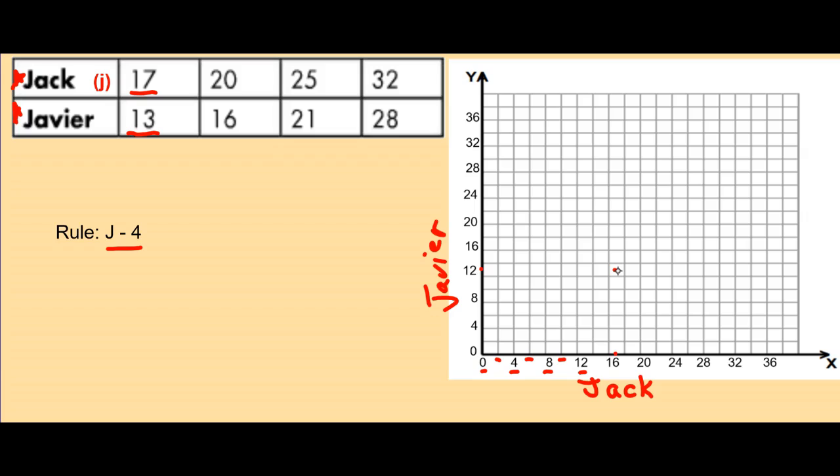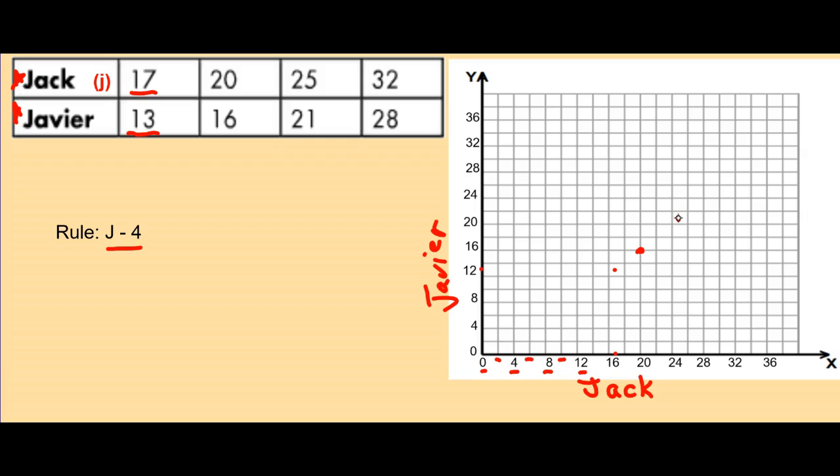Our next value is 20 for Jack and 16 for Javier. So 20, 16, whoops, sorry. Let me erase that. Okay, so 20, 16 is plotted right there. And then we have 25, 21, so 25, 21 right there.